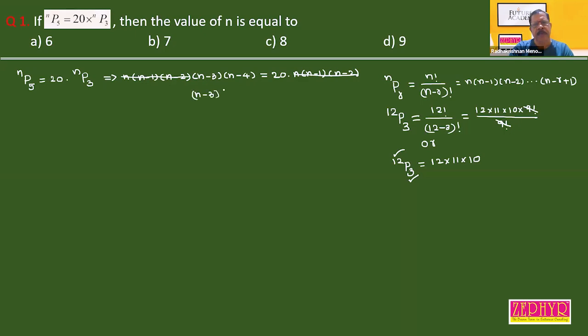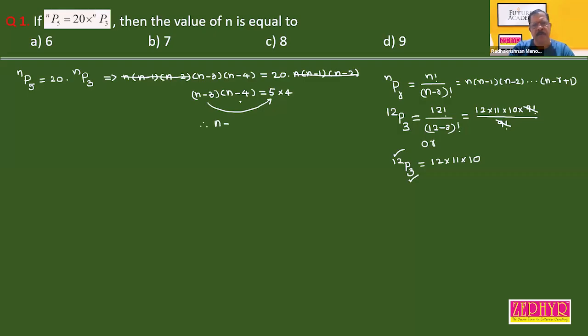Okay. Product of two natural numbers in descending order. 20, how can you write as product of two natural numbers? 5 into 4. So immediately you will be able to observe that n minus 3 must be equal to 5.